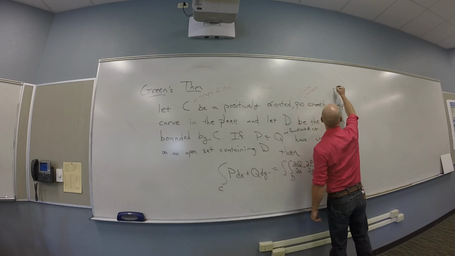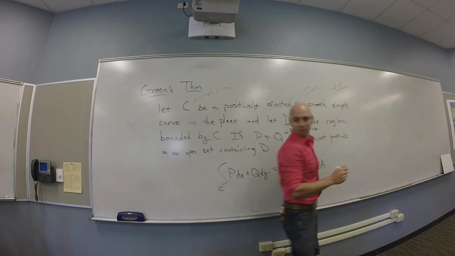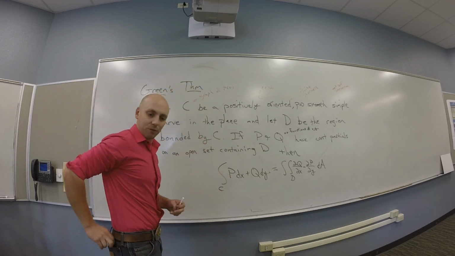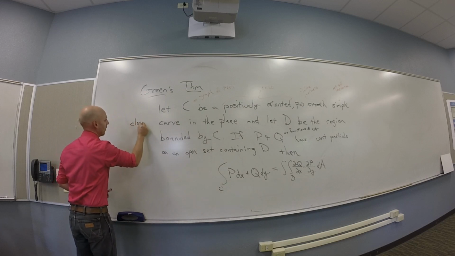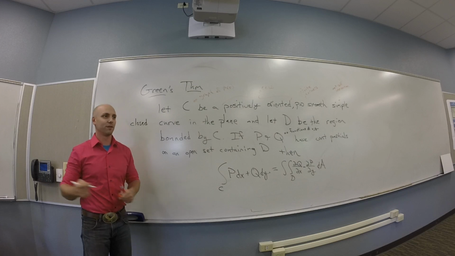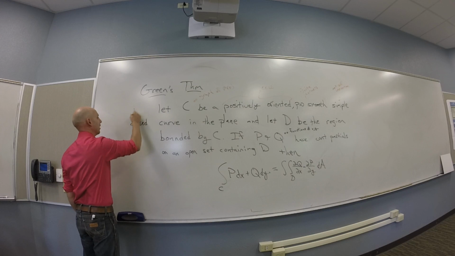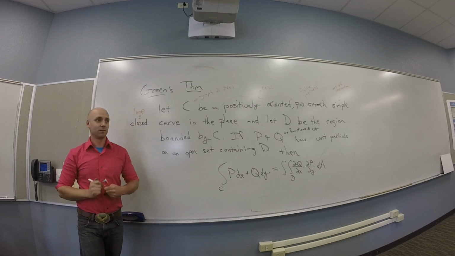Every output has a single input. Yep. Oh, I missed a word. That's why I don't have the right word. I need to add the word closed. What is a closed curve? Returns to its point of origin. Yeah, okay. Think a loop. Right, it comes back to where it started.